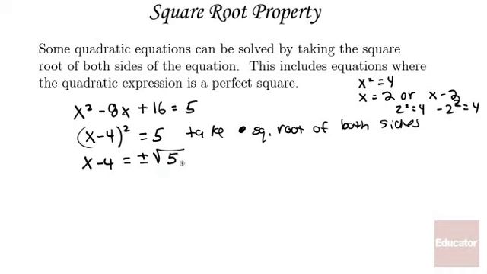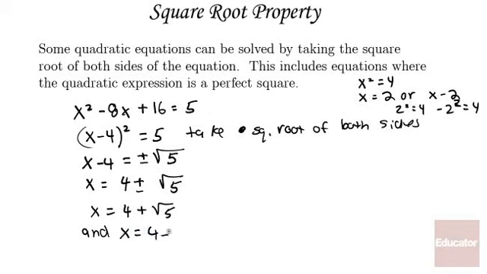I just need to leave it in this format. So this gives me x equals 4 plus or minus the square root of 5. I could leave it like this, or I could say x equals 4 plus the square root of 5 and x equals 4 minus the square root of 5. These are both solutions to this quadratic equation.